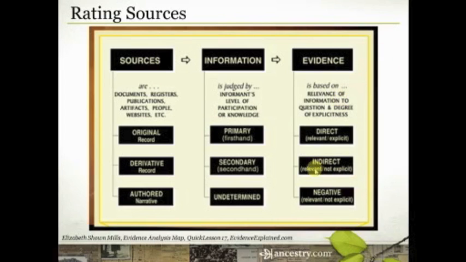That's kind of the next step, is you have to evaluate all of your sources in concert with each other in order to come to some conclusions about what this person's name really was, or when and where this person was really born, or when and where this person died.